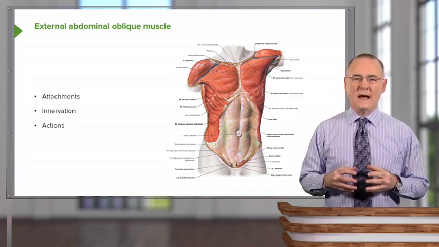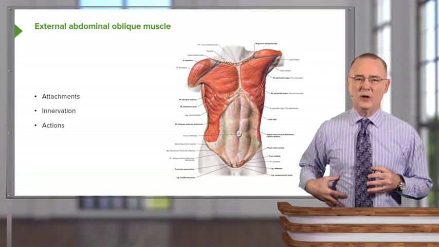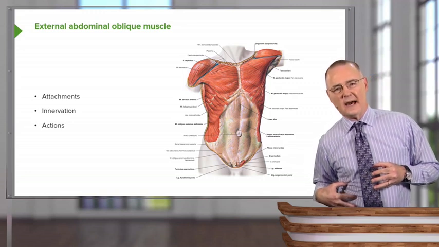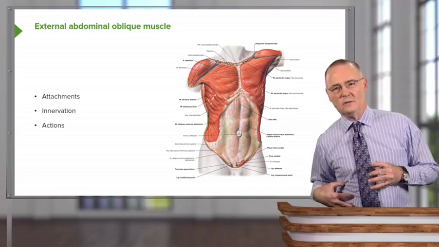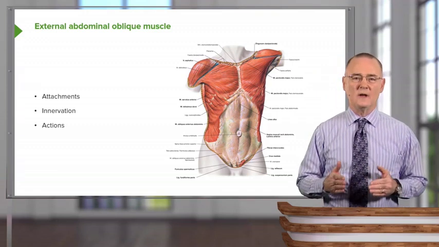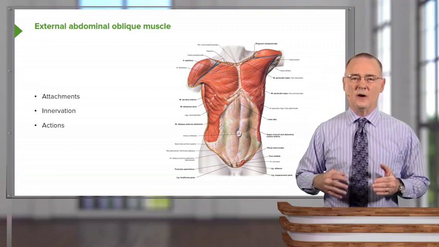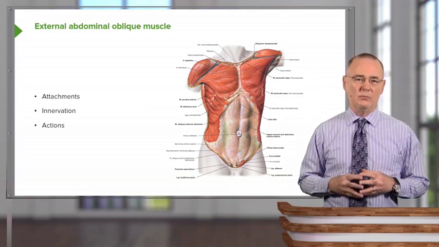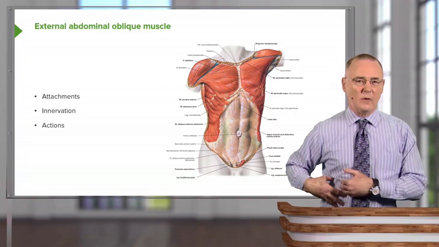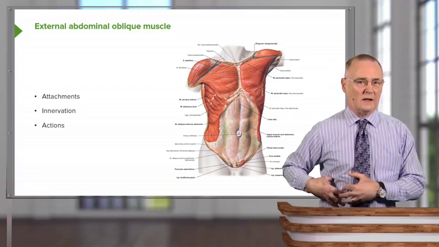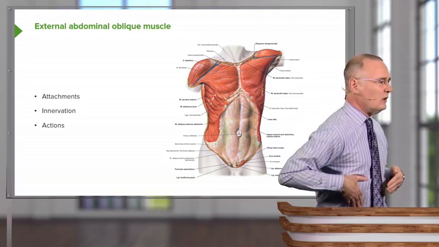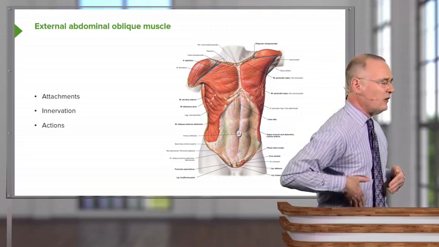So if just the right external abdominal oblique contracts, it can help the body laterally flex to bend toward the same side. It can also help to rotate the torso, and for the external abdominal oblique, if it's the right one contracting, it will rotate your right anterior abdominal wall toward the left side of your body like so.